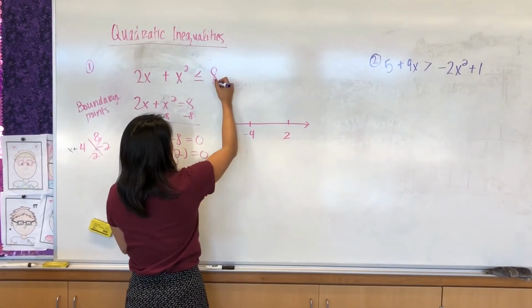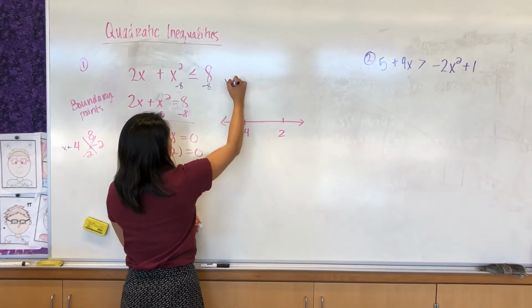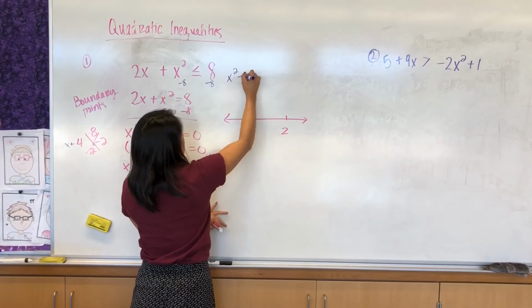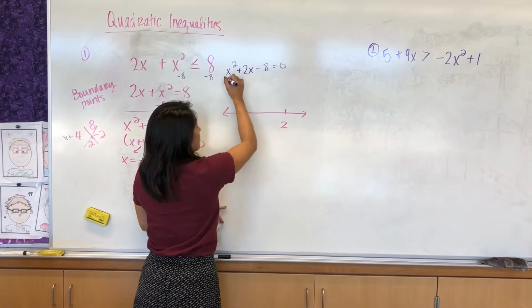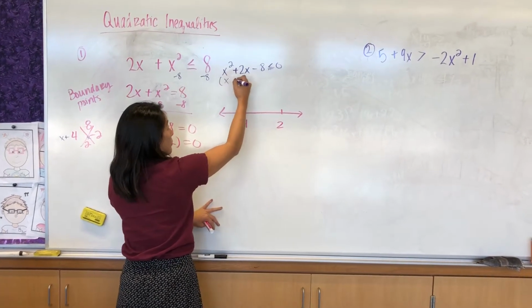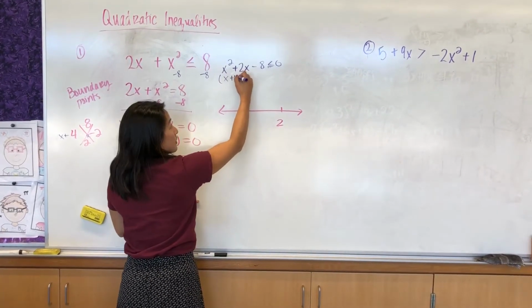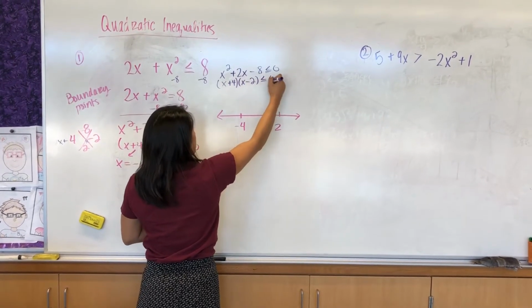So I subtracted the 8 over here. So this is x squared plus 2x minus 8, sorry, less than or equal to 0. So again, remember that was x plus 4 times x minus 2 is less than or equal to 0.